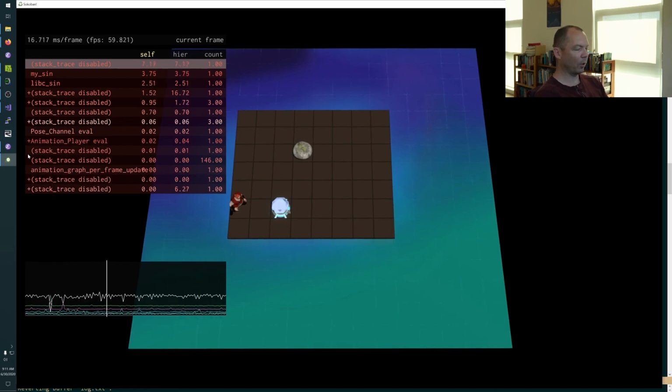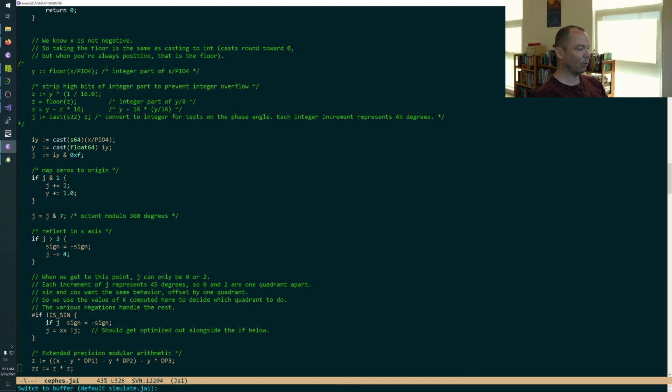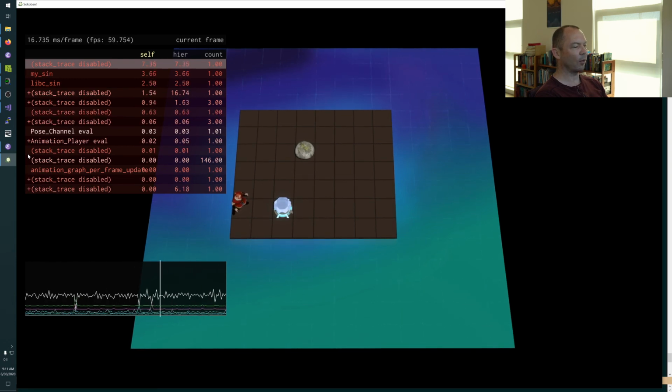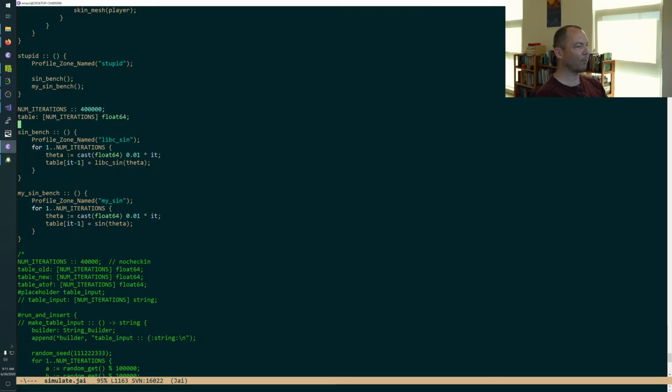Okay, so for people who have not tuned in before, what we're doing right now is once per frame in the middle of the game, because I wanted to have just the code compiled at the same optimization settings as the game is, and it's easy to draw the profiler and stuff. Once per frame, we're doing 400,000 calls to sign, both from libc and from this sign that we're using, and we're putting them in a global array so that this doesn't get optimized out.